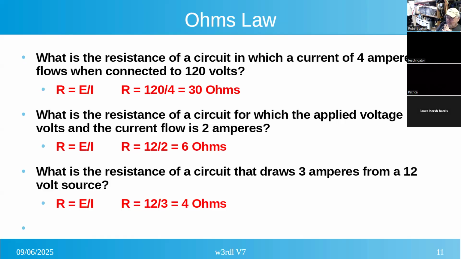So what's the resistance if we have 12 volts and 2 amperes of current? 12 volts divided by 2 amperes, that's 6 ohms. And the third one, we have 3 amperes from a 12 volt source. It's going to be 12 divided by 3.